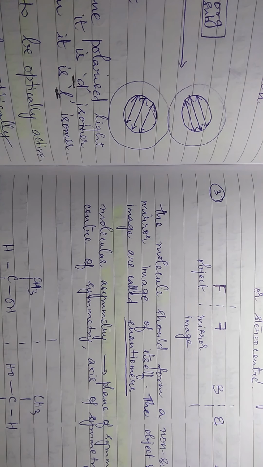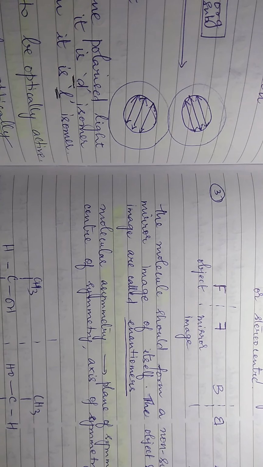Same way B, you show it on the mirror, it will appear like this. But if you show A, it will appear the same way. So here you consider this as symmetry. That is, the mirror image and the object, if you keep over this, then you will find that they are overlapping with each other. There is symmetry.